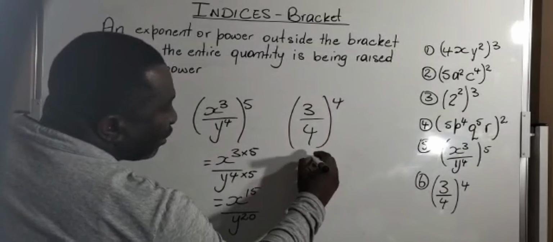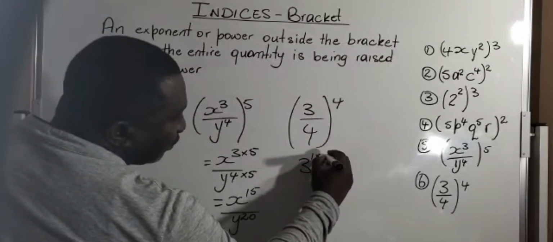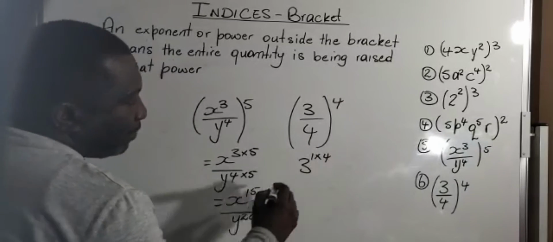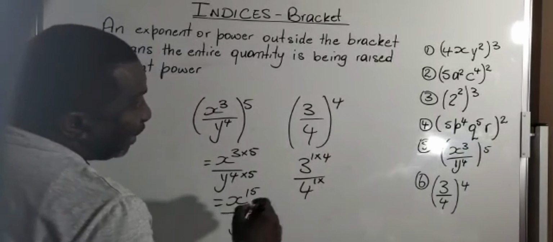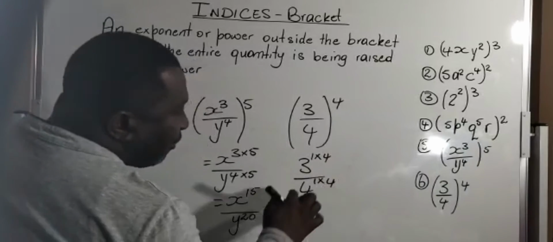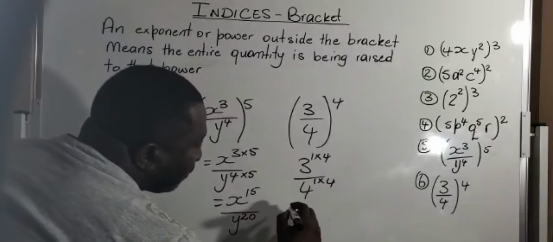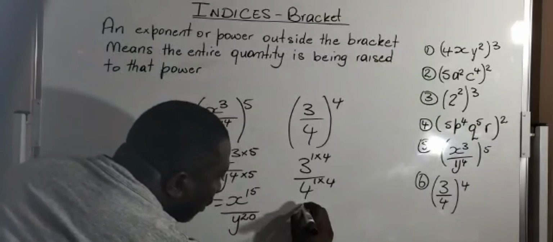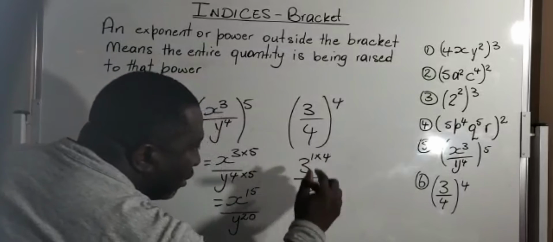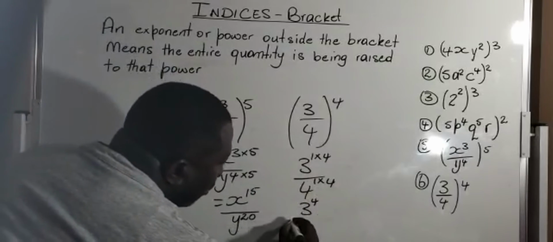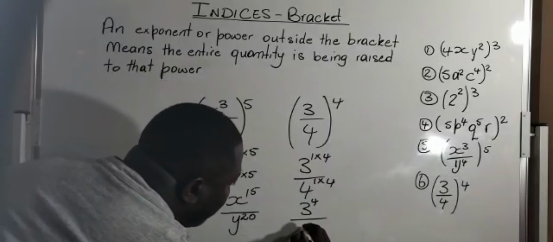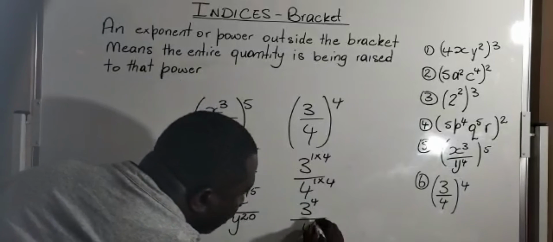So 3 to the 1st multiplied by 4. 4 to the 1st multiplied by 4. Our final result will be 3 to the 4th over 4 to the 4th.